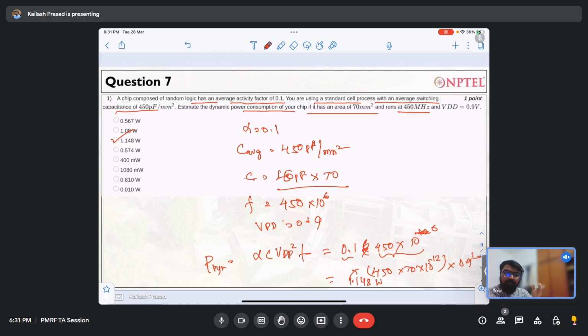Whenever the input, the output or an internal node switches, that is dynamic power. When there is no switching, the output is idle, the input is idle, and the internal nodes are also idle, the power that is leaking is called leakage power. You have to distinguish between the two, and this is the formula we have calculated for the dynamic power.